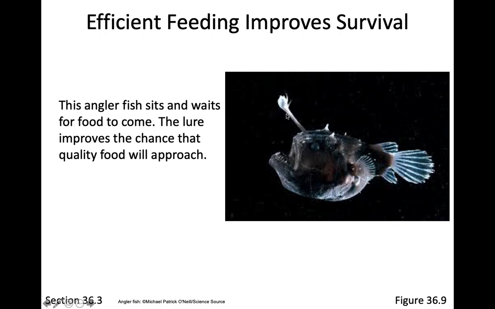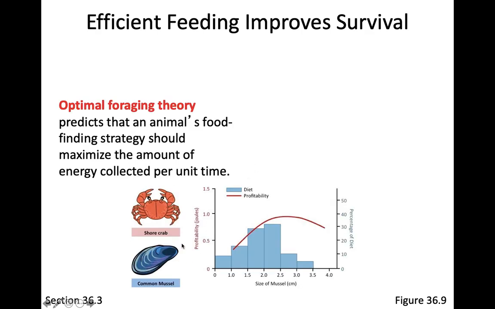He sits there, flicks this little lure up and down, looking for prey organisms to come to him. So evolutionarily, this is beneficial. He doesn't have to spend a lot of energy looking for prey or swimming around, and it just comes to him. This is that concept of optimal foraging theory here.